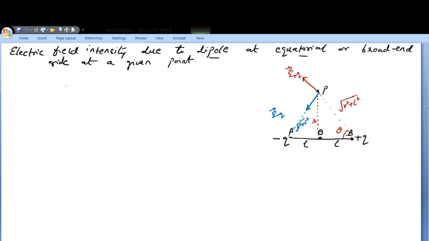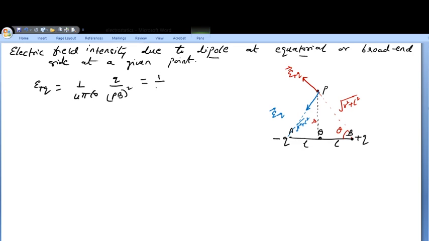Now you see here, these are the two fields, right? What will be E of plus Q? Let's write down the equation. Electric field intensity due to plus q is 1 upon 4 pi epsilon naught, charge q upon distance square. Let us suppose the distance square is PB square.